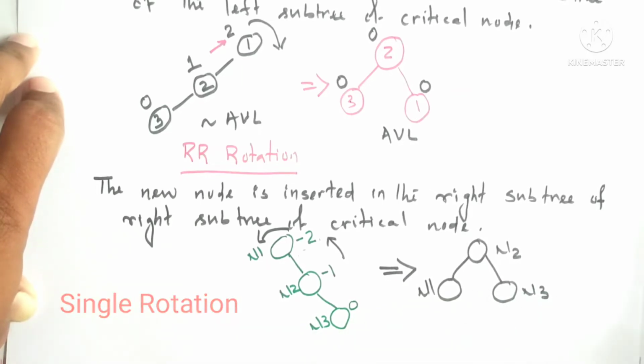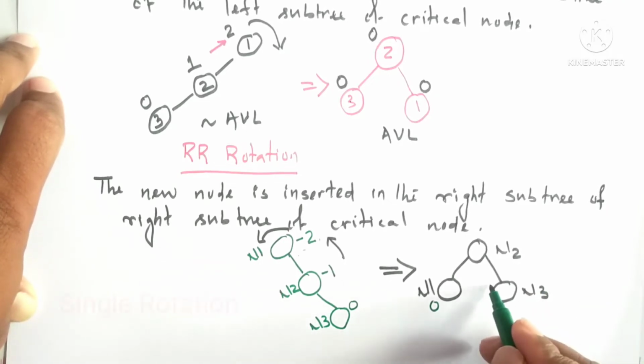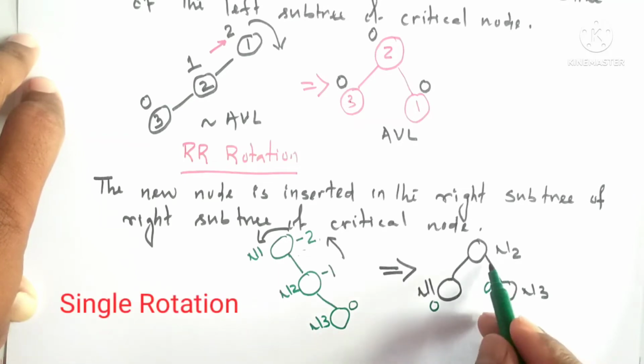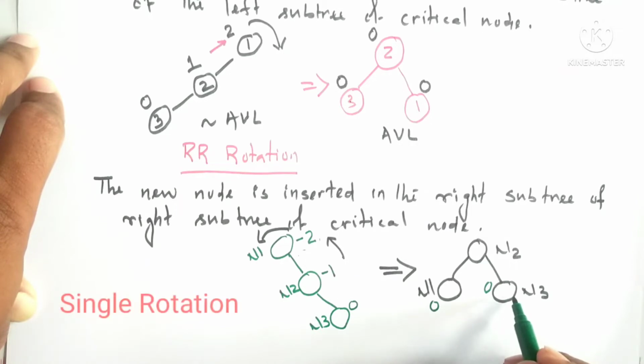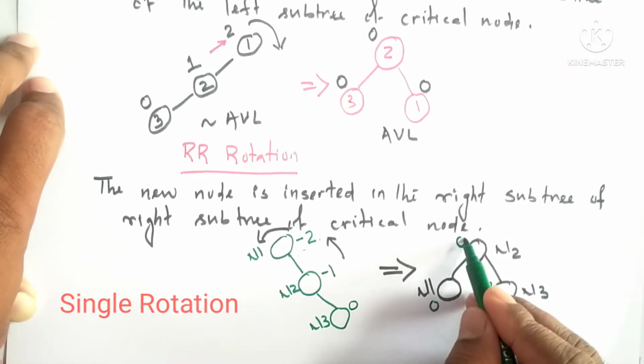Now measure the balance factor. N1 is a leaf node now, balance factor 0. N3 is a leaf node, balance factor 0. N2's left subtree height is 1 and N2's right subtree height is 1. So 1 minus 1 becomes 0.